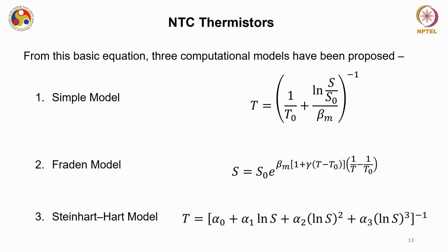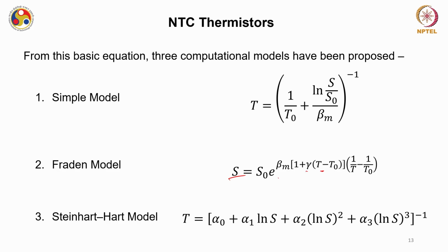Then you have the Fraden model, which suggests the resistance S = S0 · e^(β(1 + γ(T − T0))(1/T − 1/T0)).